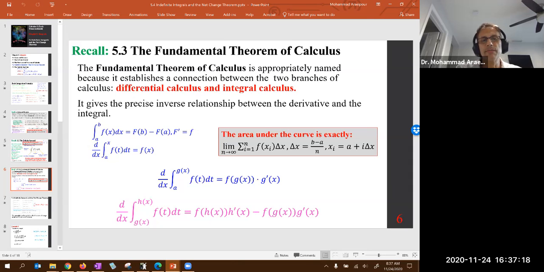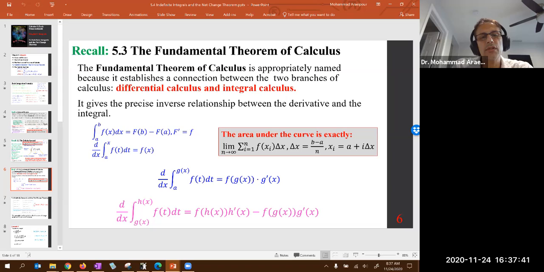The FTC, okay, so we discussed the following. We looked at the definite integral from a to b of f of x dx, which is F of b minus F of a, and capital F prime is lowercase f. The derivative of the integral of f of t dt as we integrate from a to x is lowercase f of x.